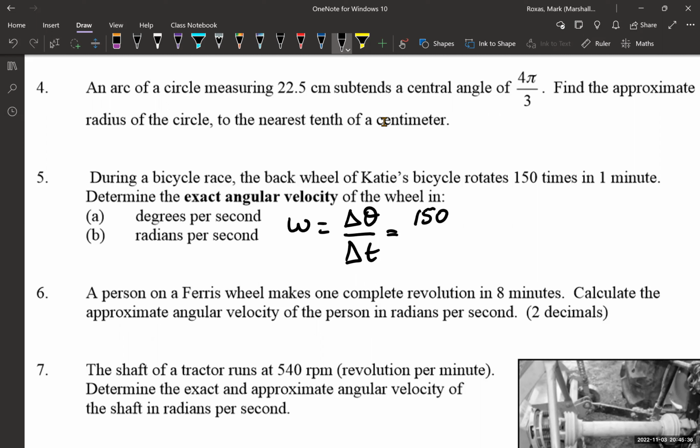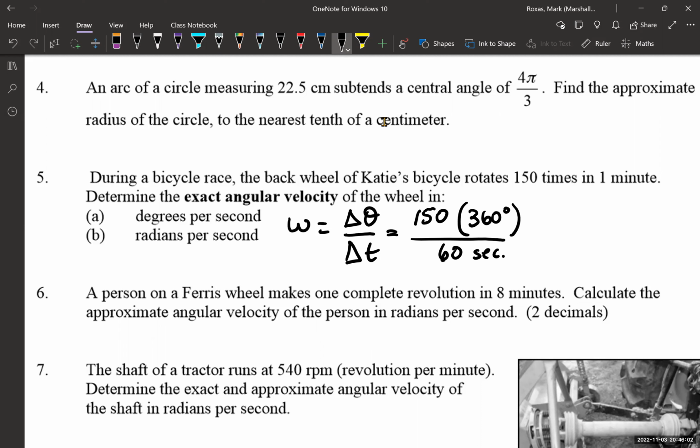Okay, so we have 150 times. 150 times is not an angle, right? But we know that a circle is 360 degrees. So we're doing 360 degrees 150 times, so we're going to multiply those two numbers, and then divide by the change in time. So 150 times in 1 minute, if we do it per second, that's going to be 60 seconds.